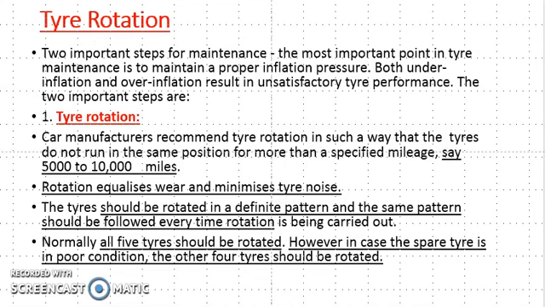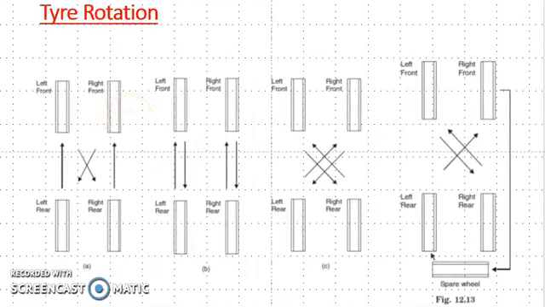Different patterns of rotation are shown in the next figure. First, this is tire rotation number 1. Here the left rear tire is shifted to the left front, the right rear tire is shifted to the right front, the right front is rotated to the left rear, and the left front is rotated to the right rear. This is one type of rotation.